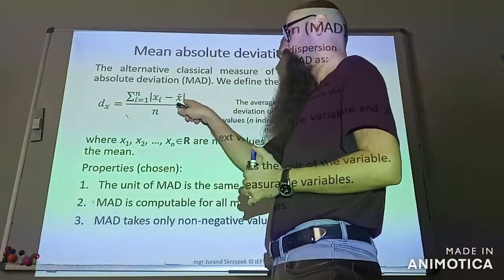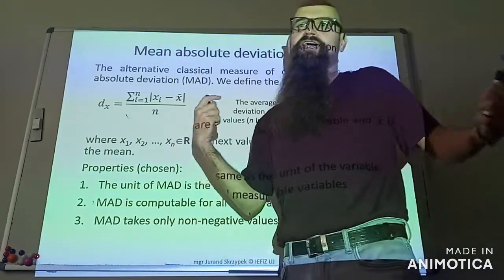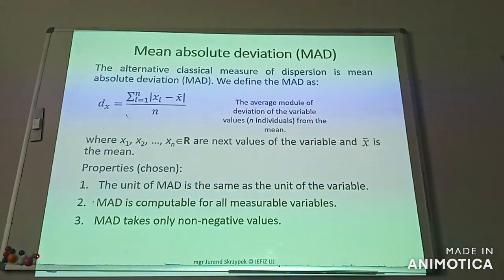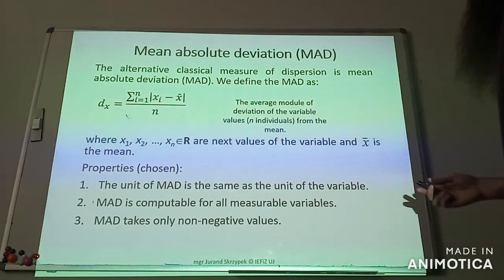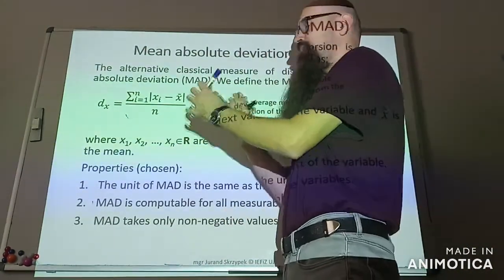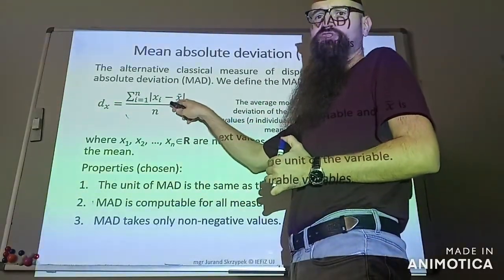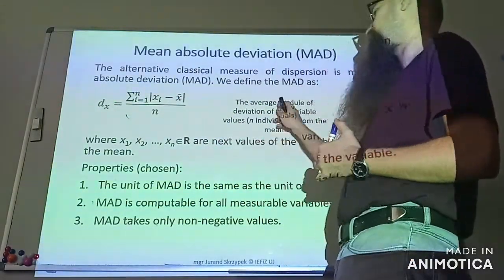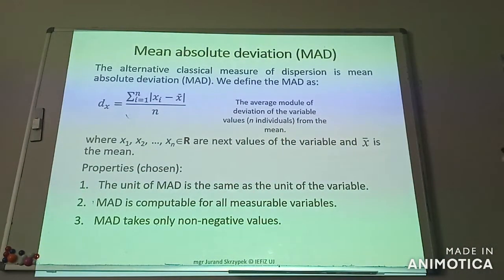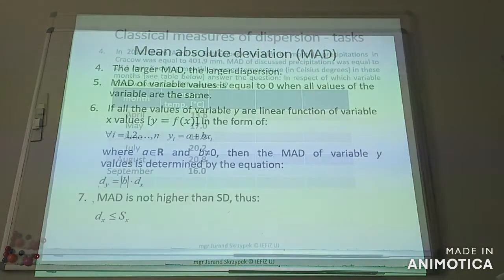Here we use modules, earlier we used squares, but the main idea remains the same. I want to compute the average distance, the average deviation between the variable values and the arithmetic mean.